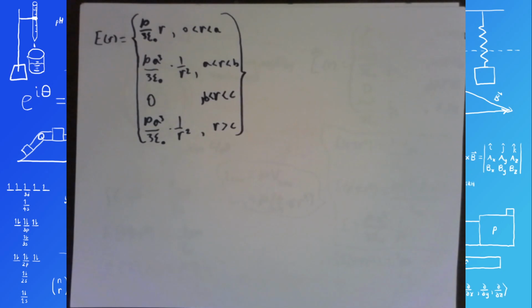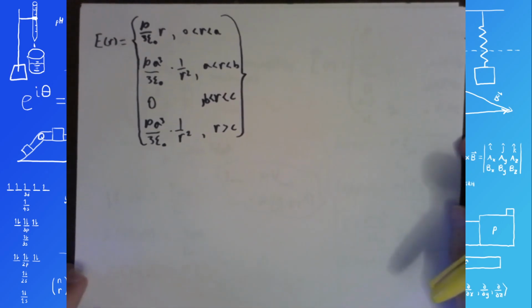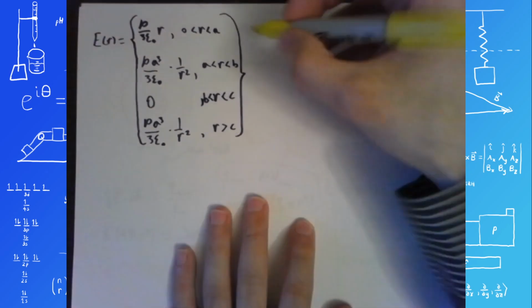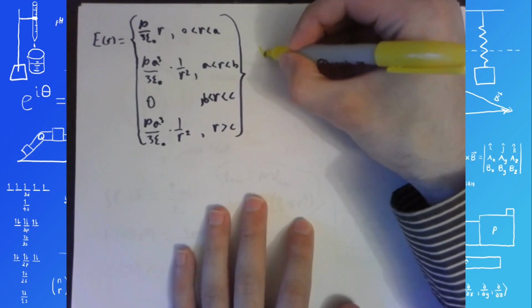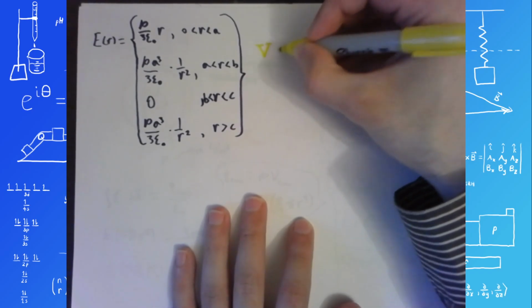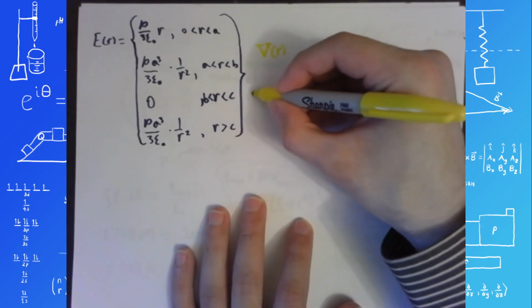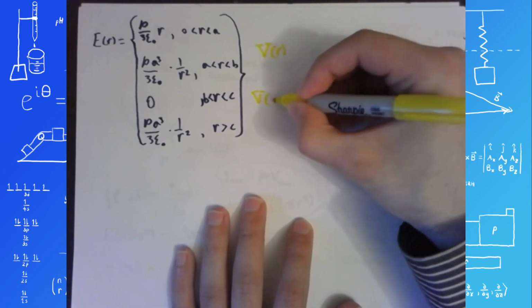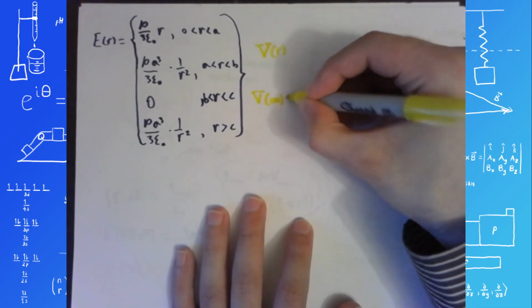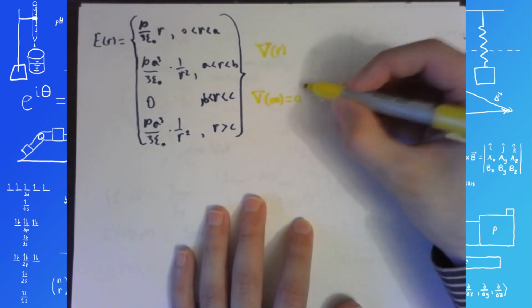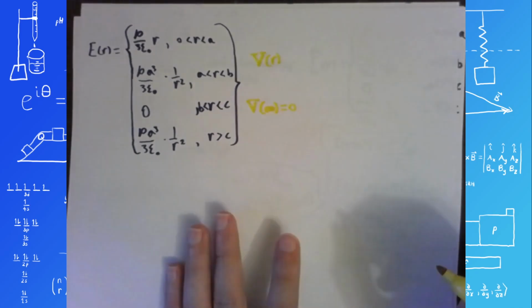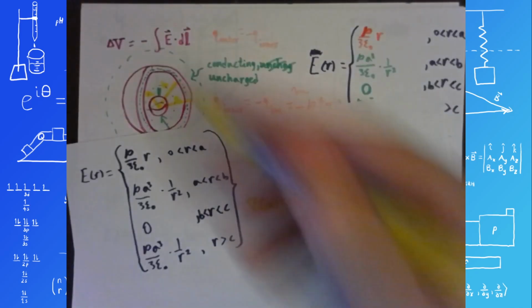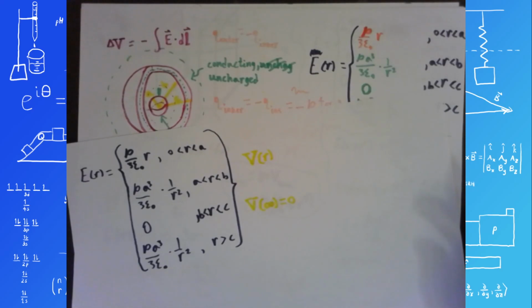Anyway, now I want to get my voltage function. I'm going to define V of infinity as being 0. V of infinity I'm going to define as my 0, because the only thing I can actually calculate with this integral is differences in voltage.